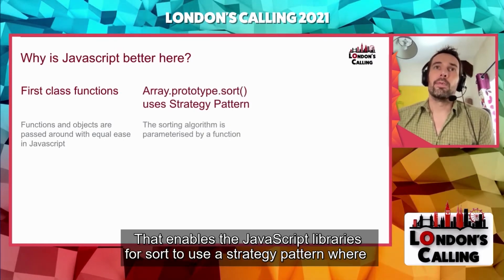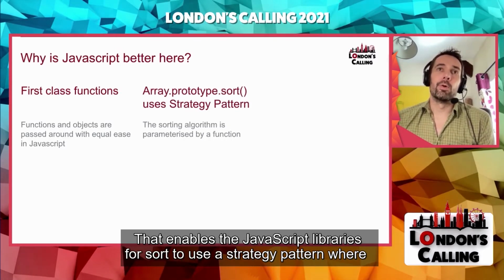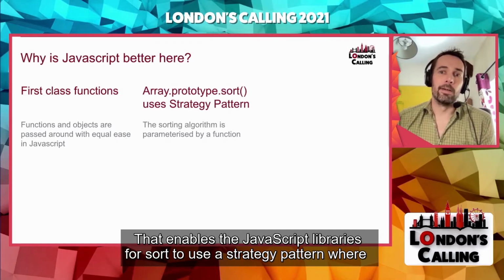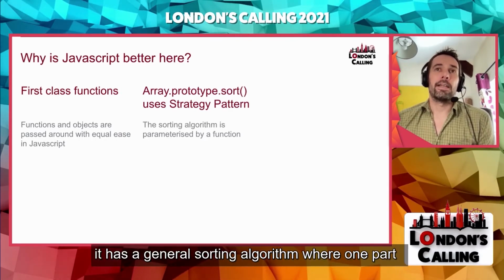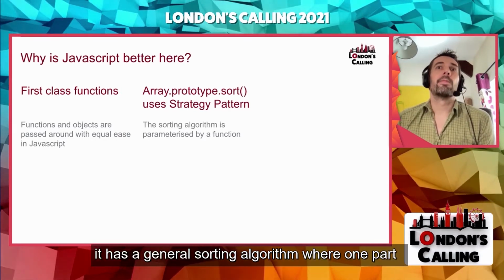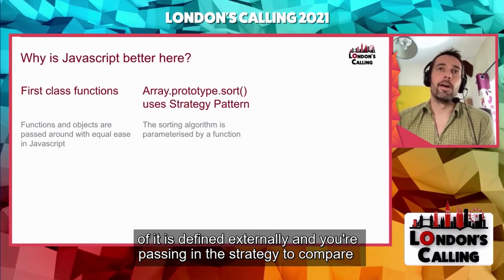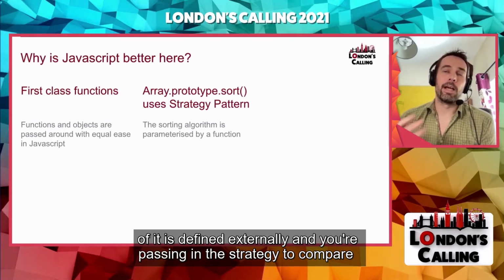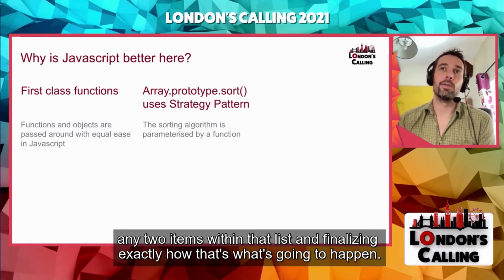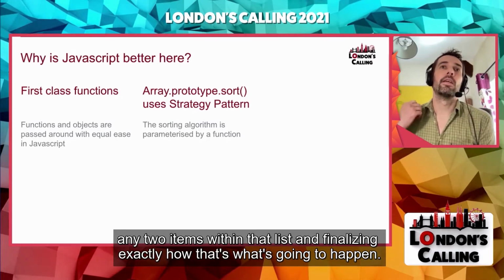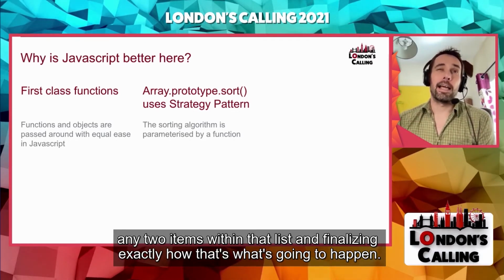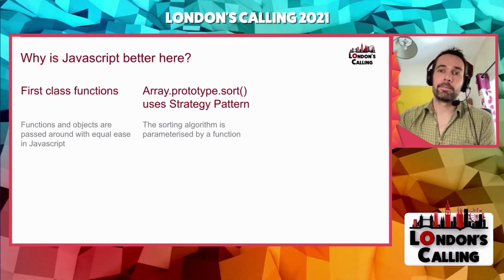That enables the JavaScript libraries for sort to use a strategy pattern where it has a general sorting algorithm where one part of it is defined externally, and you're passing in the strategy to compare any two items within that list and finalizing exactly how that sort's going to happen.